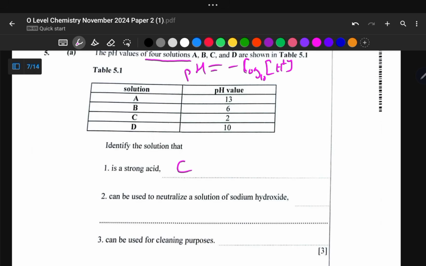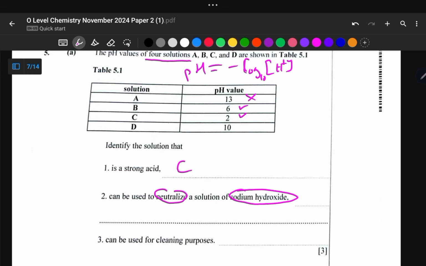Number 2 says identify the solution that can be used to neutralize sodium hydroxide. So to neutralize this alkaline solution, we need an acid. So this makes A false, because it is a strong basic solution, of which to neutralize we need an acidic solution. So we're going to take option C or option B, right?